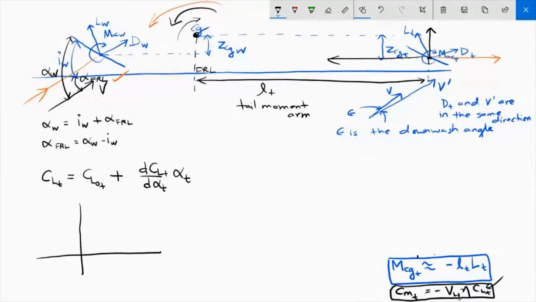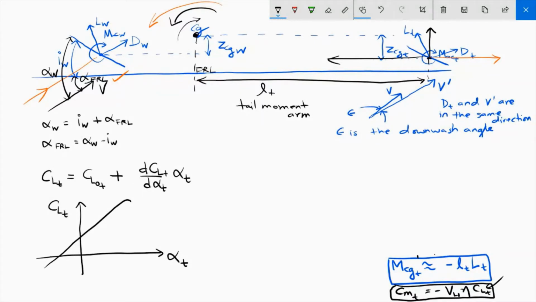This is just the equation for the lift as a function of angle of attack. So if this is the CL of the tail and plotted as a function of the angle of attack seen by the tail, then since it's based on an airfoil, you can imagine that the lift as a function of angle of attack will be a straight line. So that is the equation of a straight line.